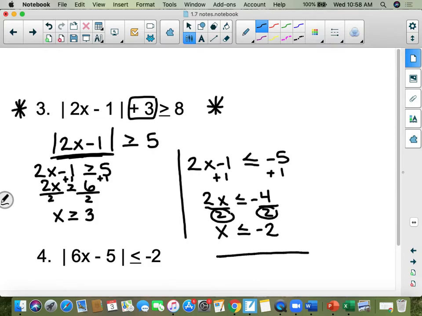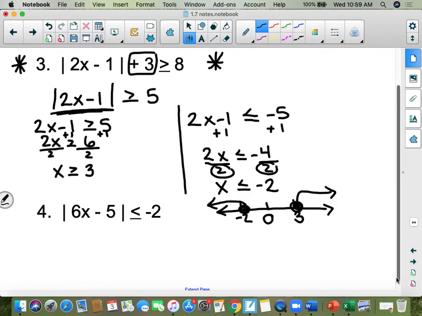I'm going to make myself a number line. I know we have 3 as one answer and a negative 2 is the other answer. Do you notice that there's lines underneath them? So they're both closed. A negative 2 you have to shade to the left, and a positive 3 you have to shade to the right. And then I just state my interval notation.